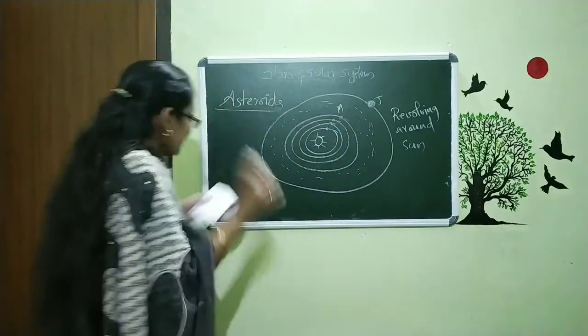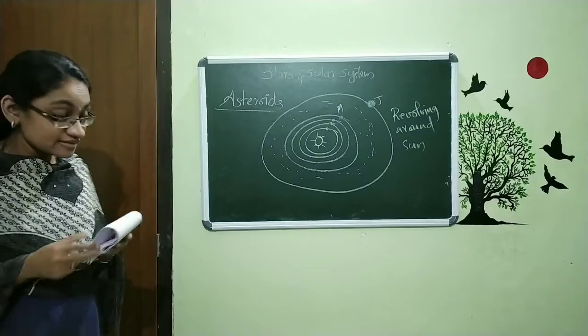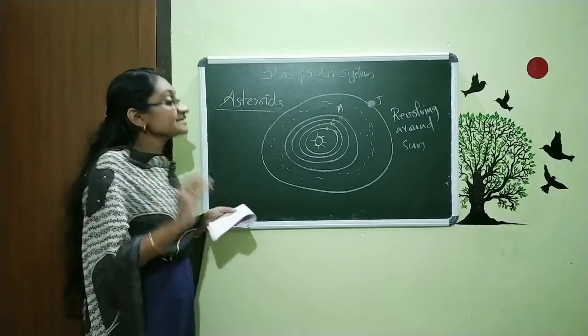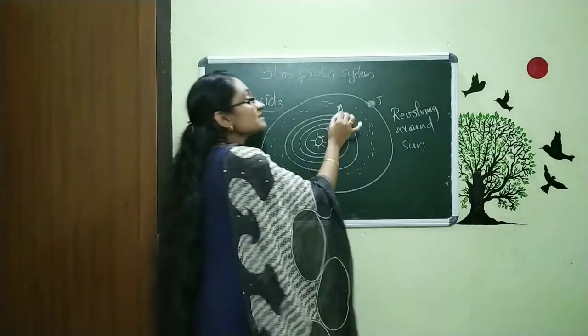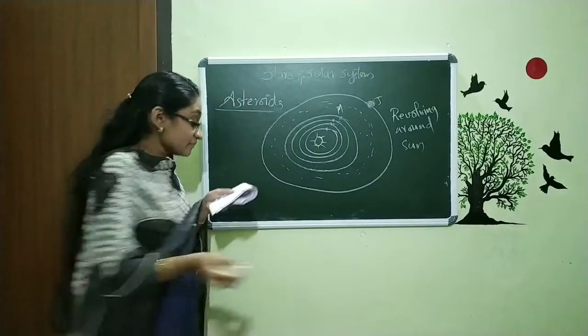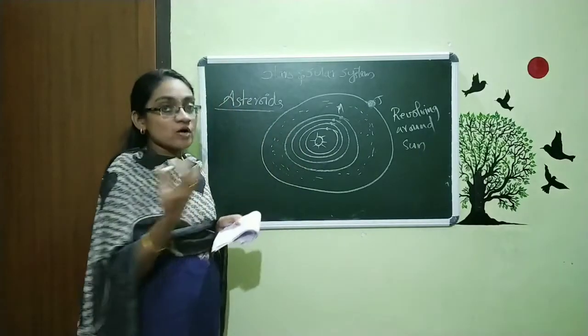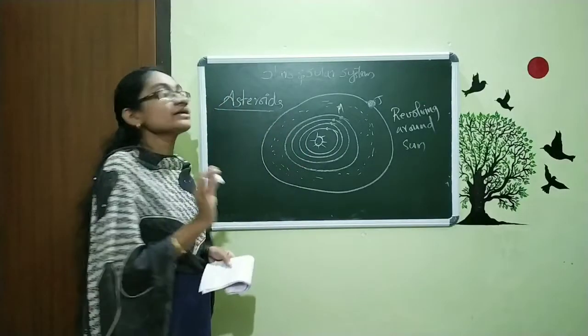So, these are called what? Asteroids. So, how can we define this? We can say a large gap is there between Mars and Jupiter, and they occupy a large number of small objects that revolve around the Sun. And these are called asteroids.